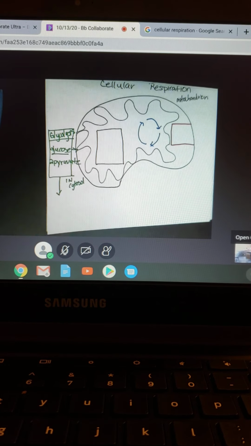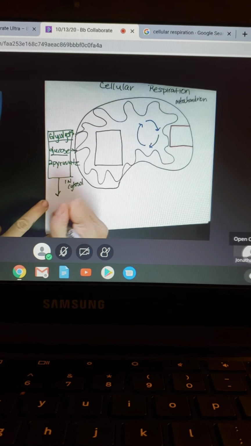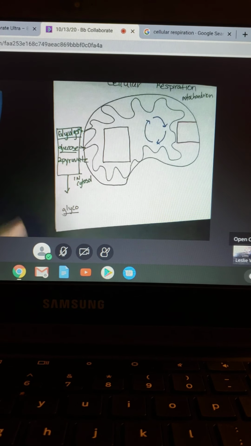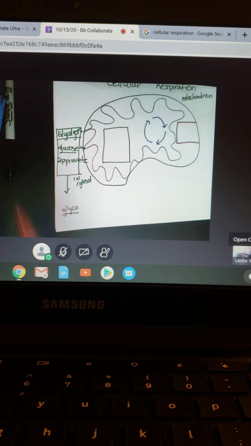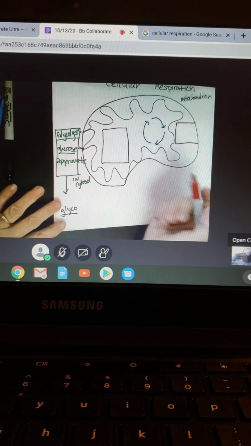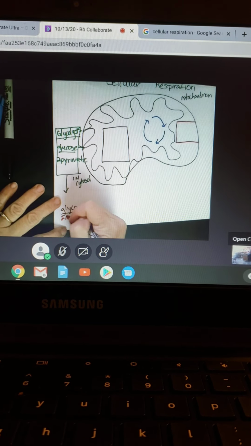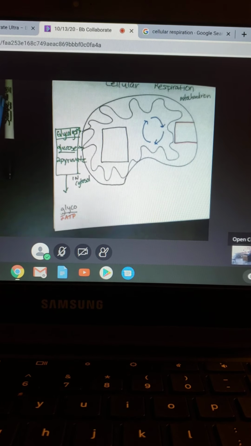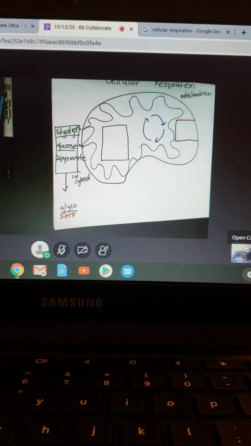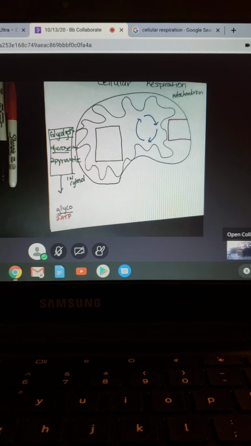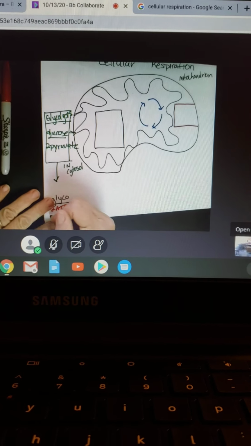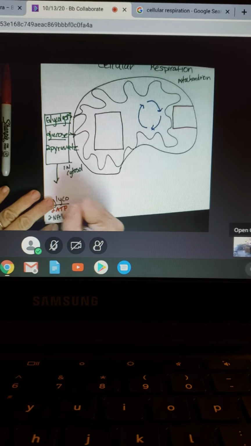And so I'm going to abbreviate this as glycolysis here, G-L-Y-C-O, and we're going to make a net of 2 ATP, okay? A net of 2 ATP, all right? So 2 ATP is what energy we're going to get out of that. And then we're also going to make 2 NADH.